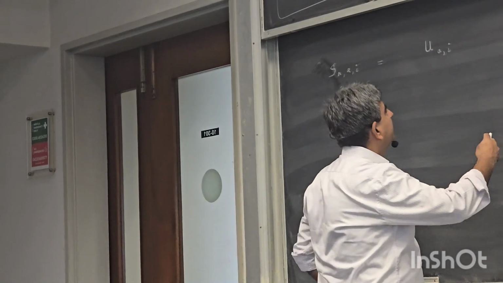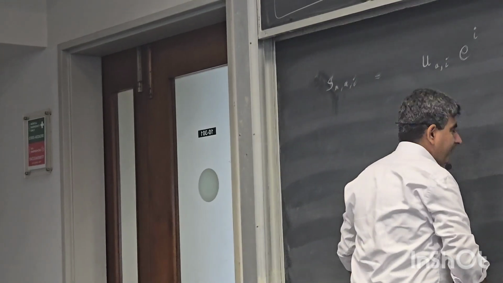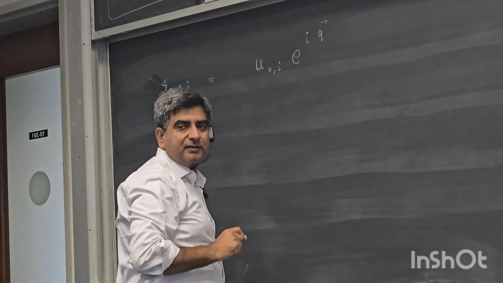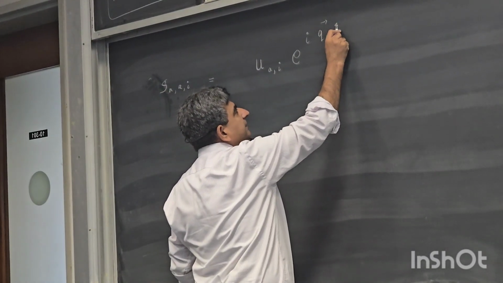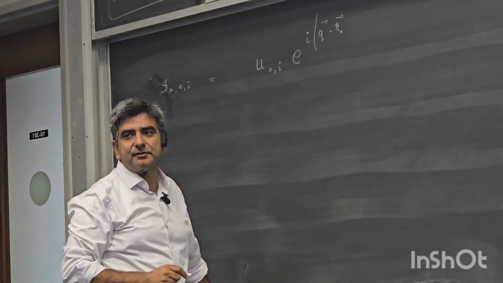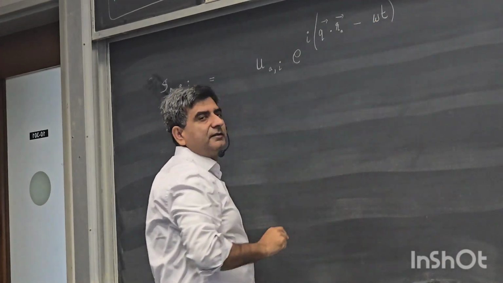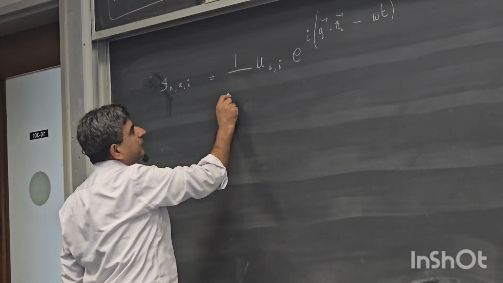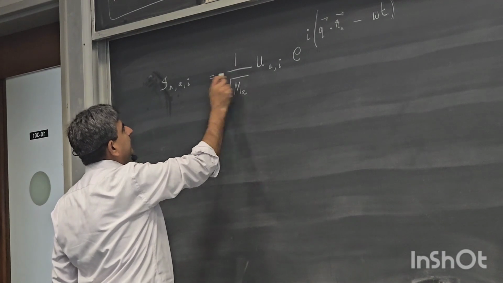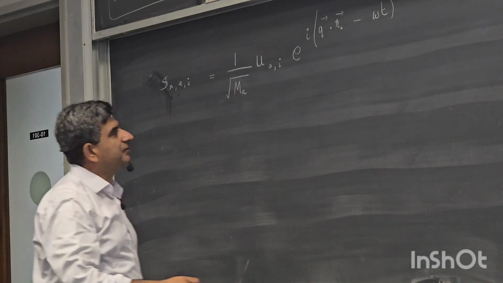Okay, so you need to add a phase to this, e to the i. Now that phase is given by some wave vector q, into the displacement of that particular lattice point R_n, minus, of course, there could be some time factor. And by convention, I can normalize this or divide this by the square root of the mass of the ath atom that we're talking about. So this is our proposed solution.